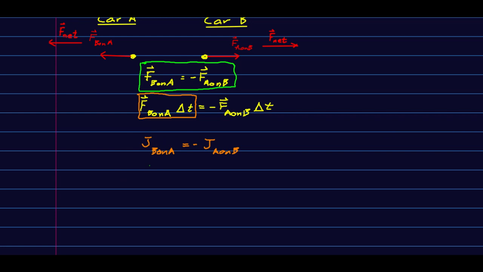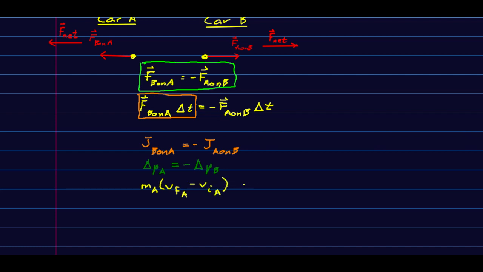Well, we know from the impulse-momentum theorem that J's are equal to changes in momentum. So the impulse imparted on A is equal to the change in momentum of A. And so we have this now. That is useful because this is now m_A (v_fA minus v_iA), right?